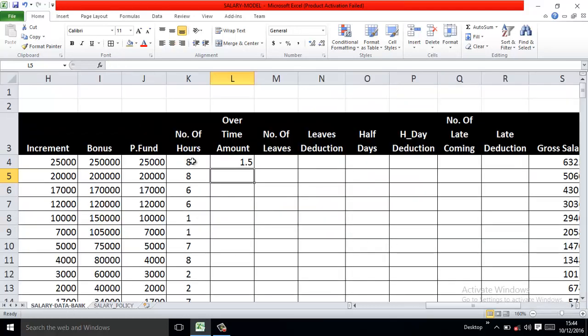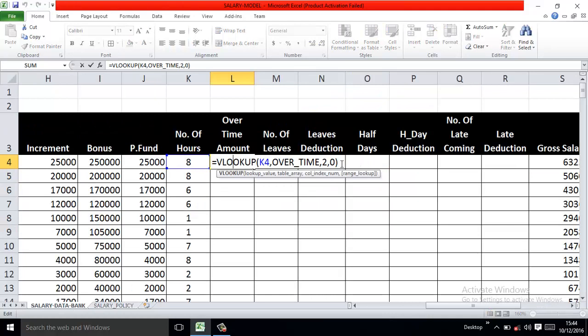So this is the rate which is given to us according to the policy.